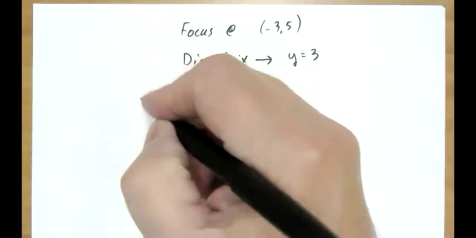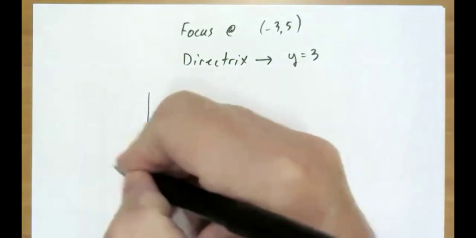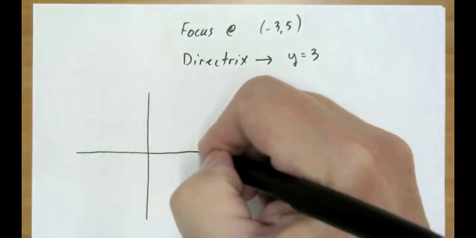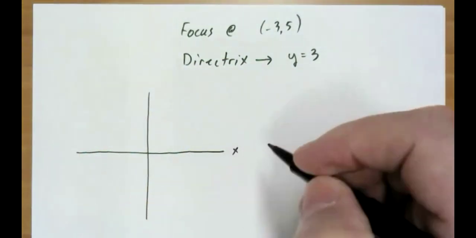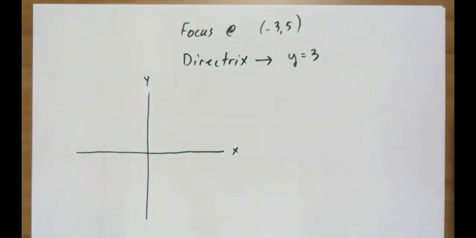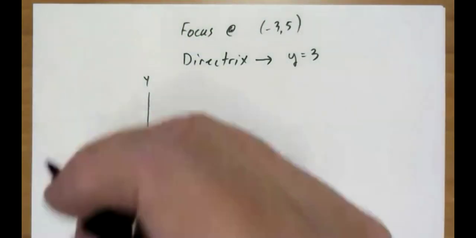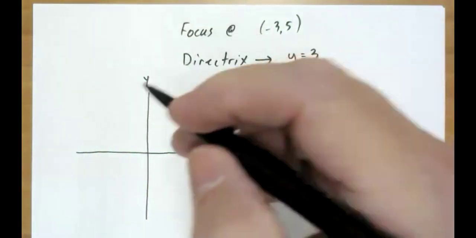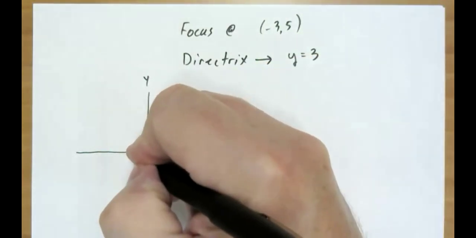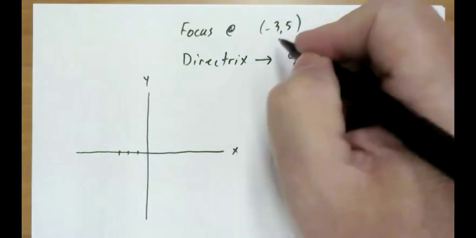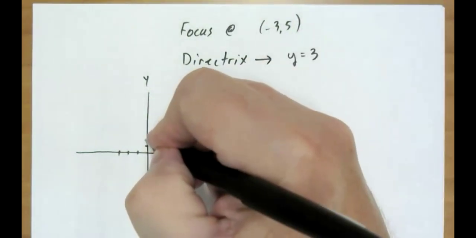So once again, you always start with graphing this information. That's going to tell you what kind of parabola you have. So if the focus is -3, 5, so x is -3, and then y is 5.